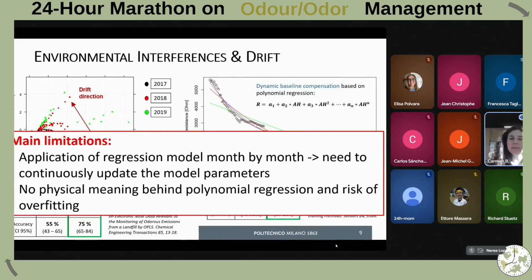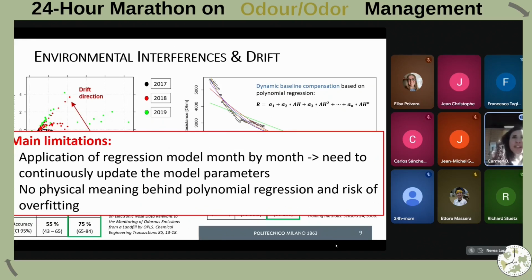However, by analyzing and investigating this topic more deeply, we discovered that this type of compensation required an update of the model, a correction month by month, because the dynamic baseline compensation was not very stable over prolonged monitoring periods.